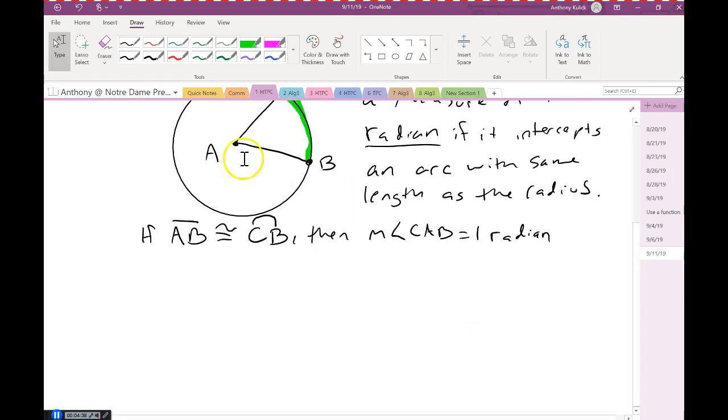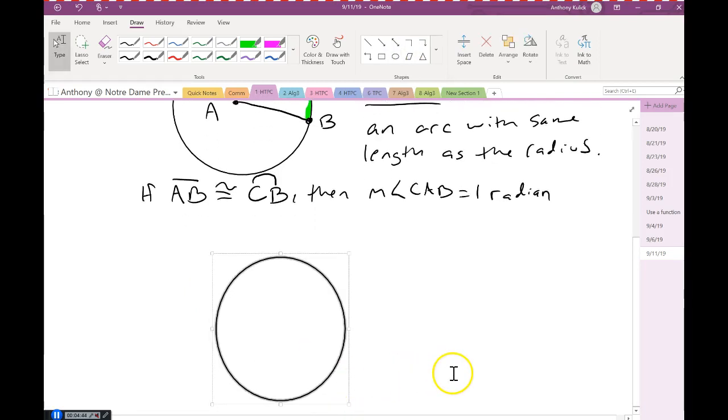So let's imagine the following situation. Let's say we have some circle. And let's say that this is our central angle here. And let's even be a little bit more specific and say that this is a unit circle.